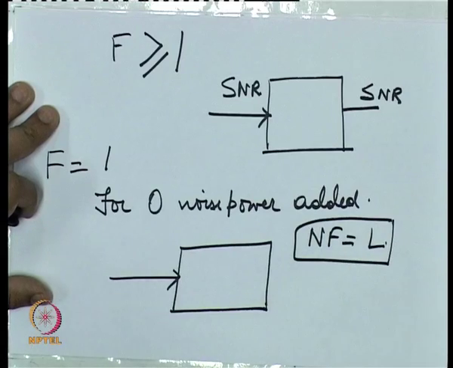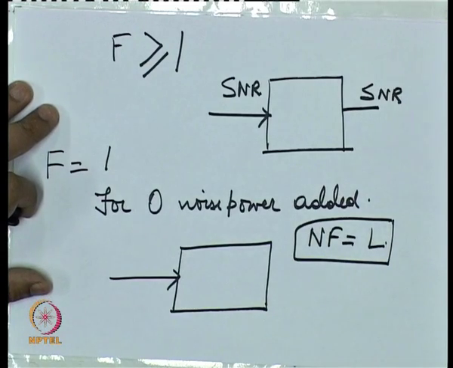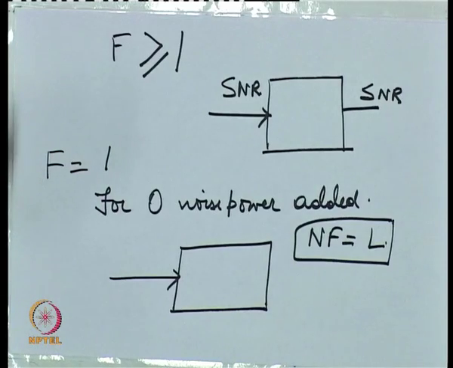That is, if FL is the attenuation, so attenuation is the reverse of gain, if instead of gain we get attenuation, then we can show that the noise figure will be equal to the attenuation.